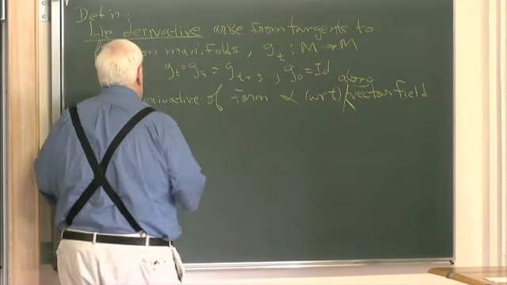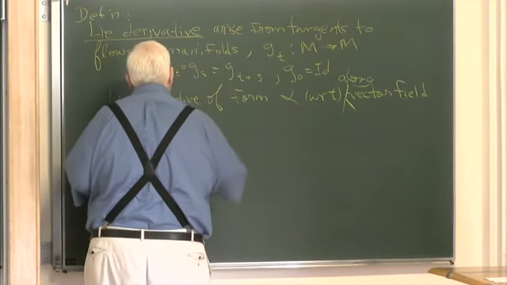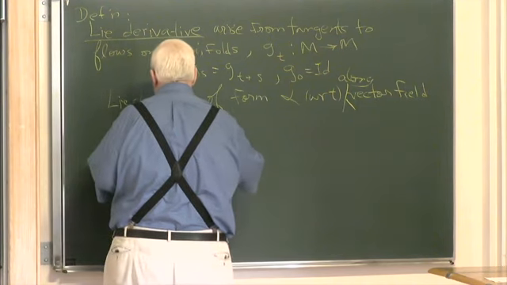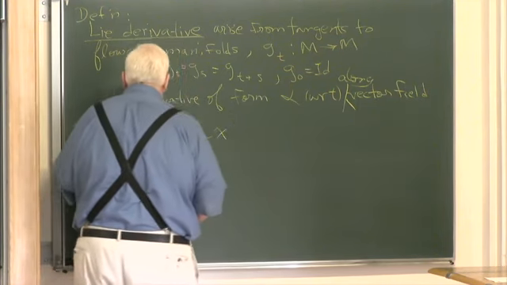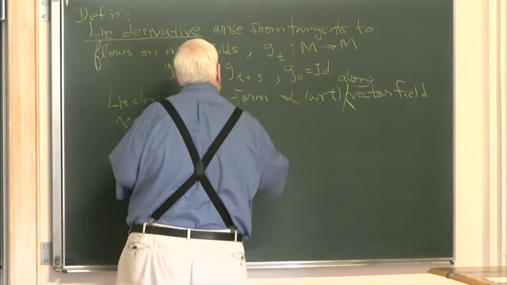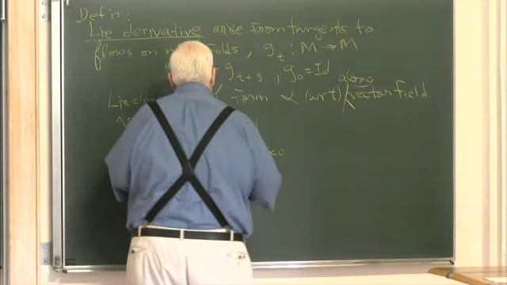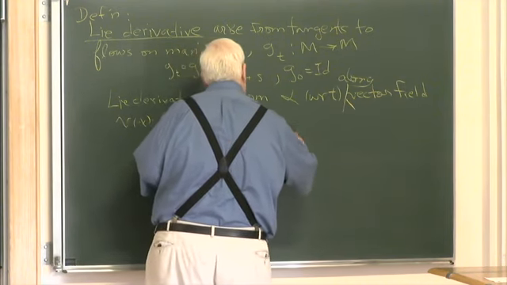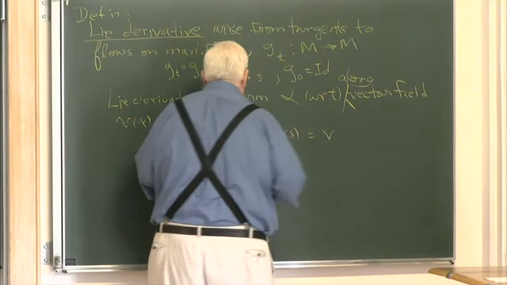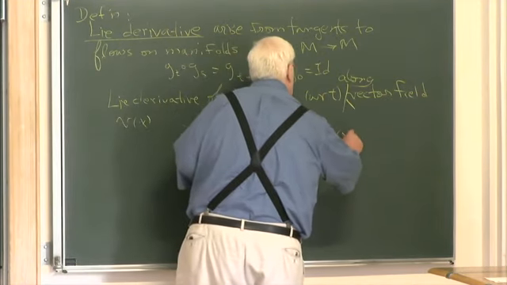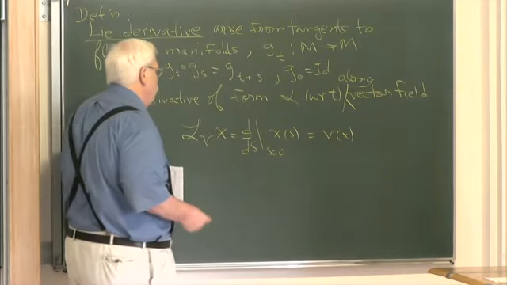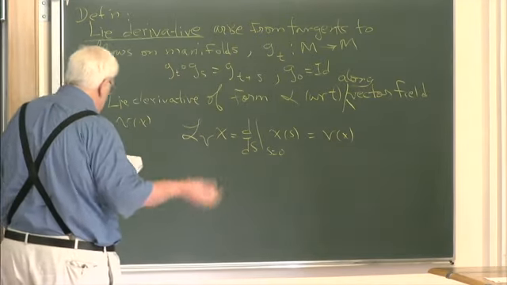Okay, so the Lie derivative with respect to V of X, first of all, is d by ds at s equals 0 of x of s, which is v of x. Okay, so v is a tangent vector along the flow on the manifold.